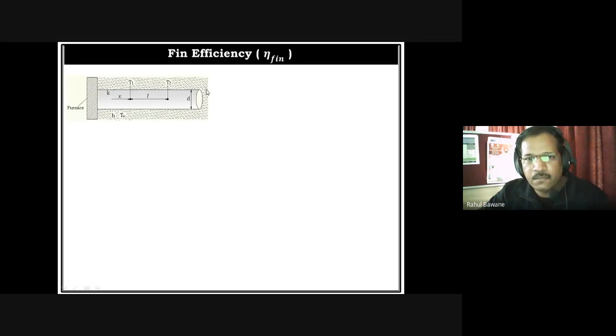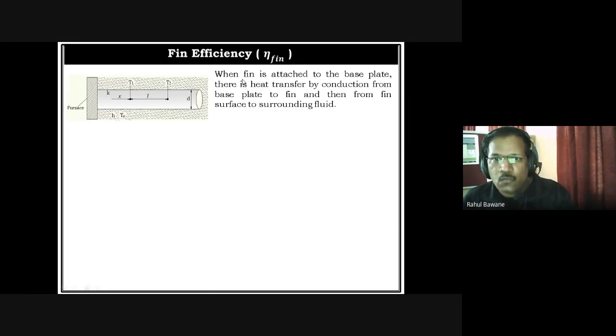So how can we identify the fin efficiency? Normally efficiency, we know, is output upon input, so maximum. When the fin is attached to the base plate, there is heat transfer by conduction from the base plate to the fin and then from the fin surface to the surrounding fluid, that is by convection.